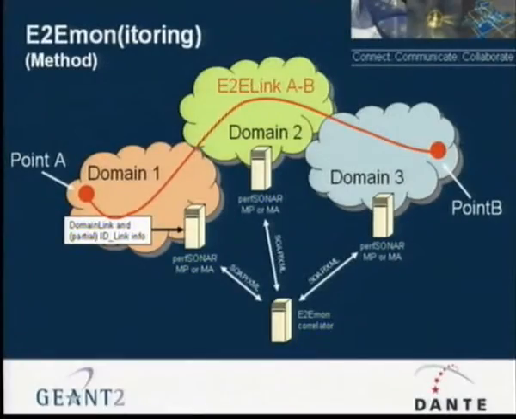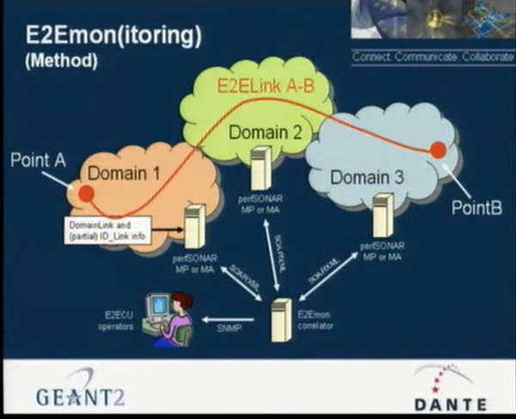So the approach to gathering the information is as follows. These perfSONAR compliant measurement points are scattered around the relevant domains. They are fed with the necessary abstracted information by some what I often call magic, which goes on within the domain, and I'll come on to that in a minute. That having been done, there's a central component, which I call the correlator here, which then uses the regular perfSONAR web services approach to query these boxes and piece together the information.